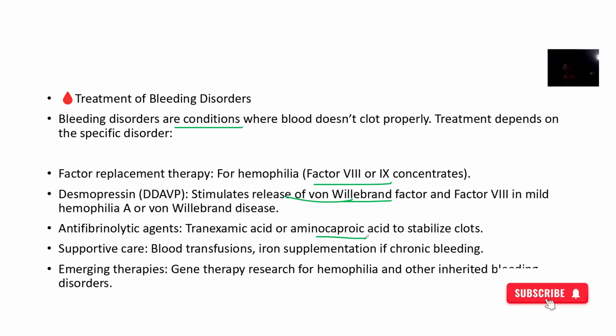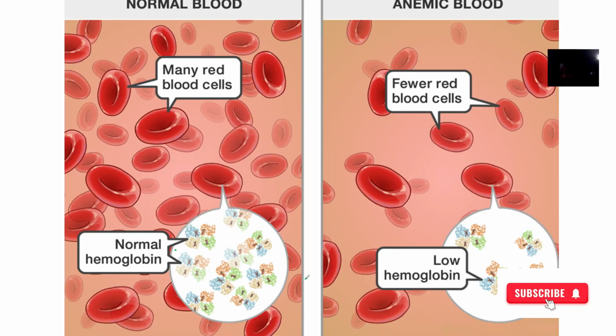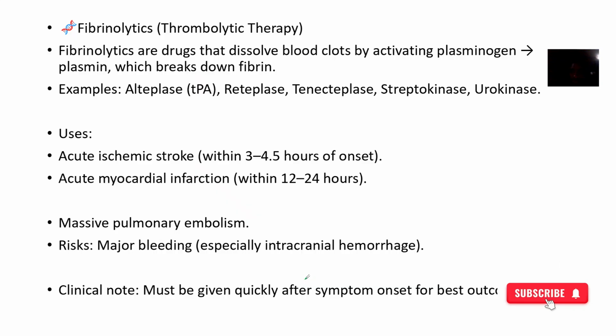We have supportive care like blood transfusion and iron supplementation, if the bleeding is so chronic. Then we have emerging therapies like gene therapy, which aims to identify the mutated gene and handle it, mostly for inherited issues.